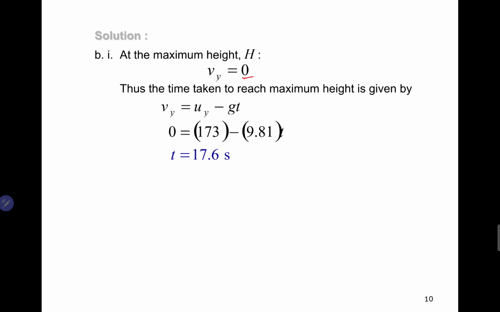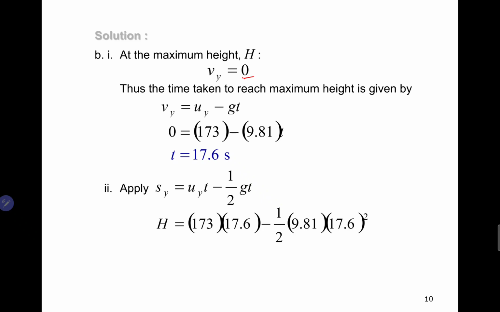Once you have the value of t, you can calculate the displacement, which will be the maximum height. Just replace in 17.6 over here. Initial velocity is given, or already calculated at the beginning. We end up with 1525 meters.